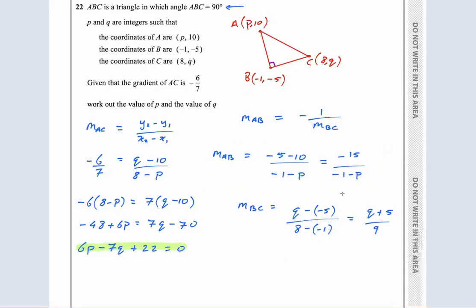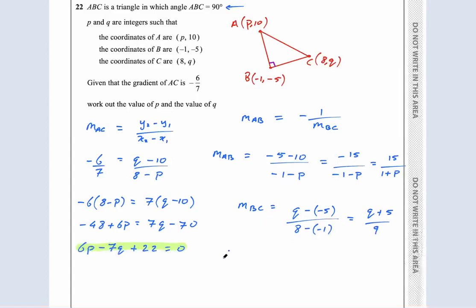Instead of minus 15 over minus 1 minus p, let's just go 15 over 1 plus p. I can do that because I multiply above and below by negative 1, and both of these become positive. Okay, so now AB is this, and BC is equal to this.